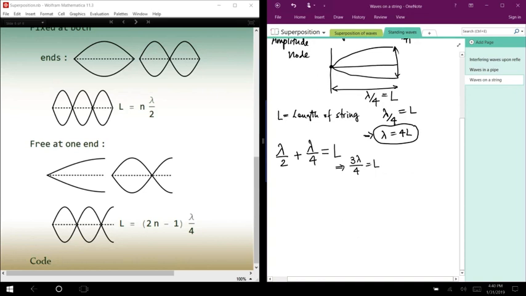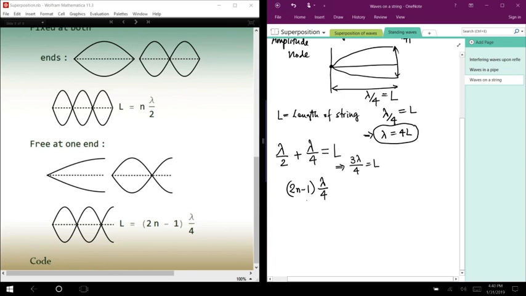And so now we can work out the general situation, right? Essentially we had 2 nodes, and that gave us 3 lambda over 4. So if we have 1, 2, 3 nodes, that's going to give us 5 lambda over 4. And in general, we can have (2n minus 1) lambda over 4.